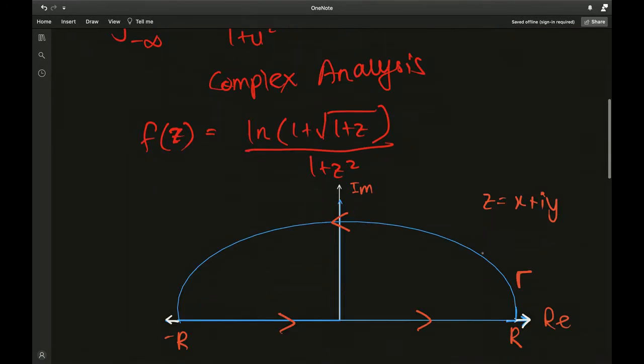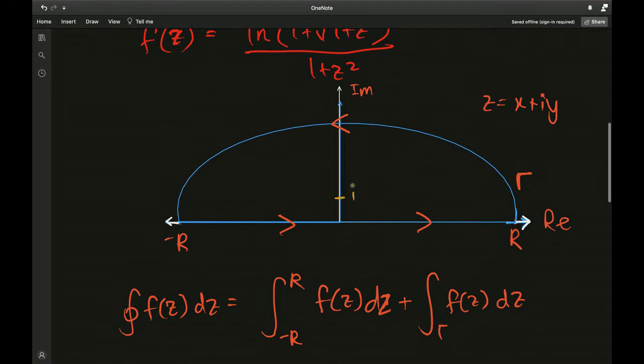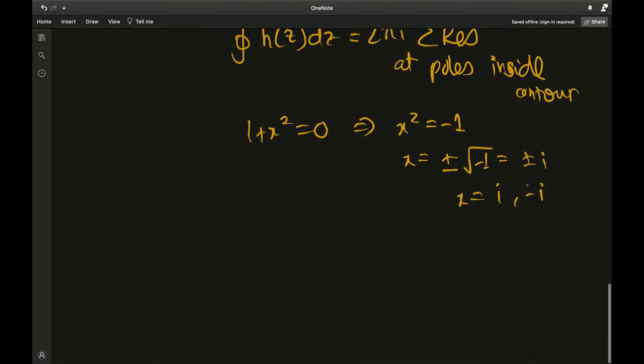Let's look at our contour. i is over here, 1 unit on the imaginary axis, and negative i is over here. So negative i can be ignored now. It's outside the contour. Remember this i. So forget this, take this.